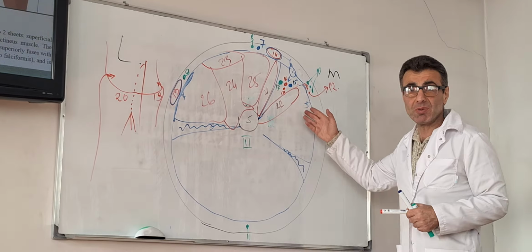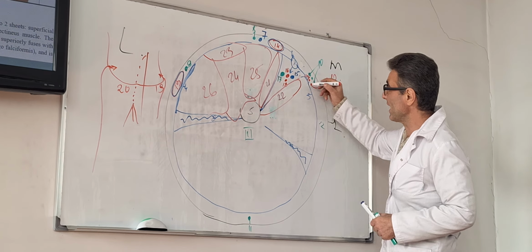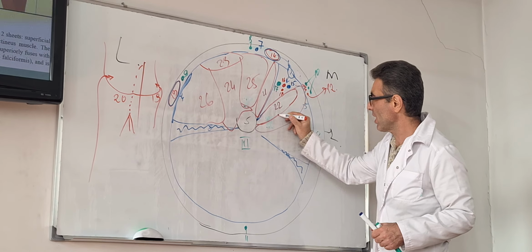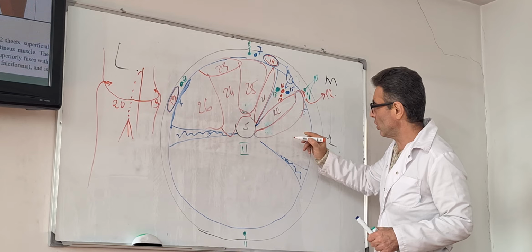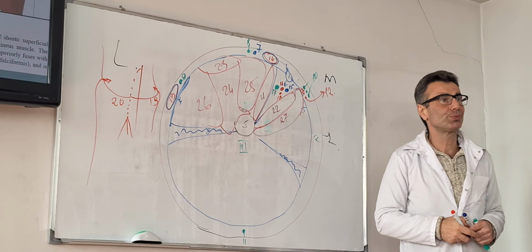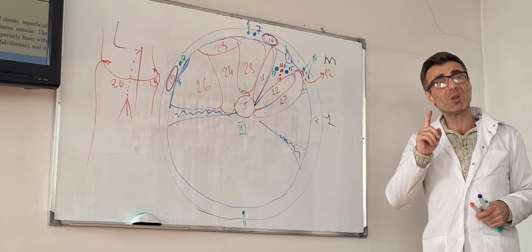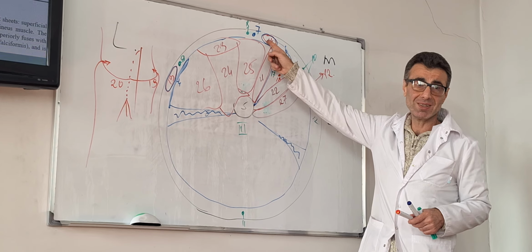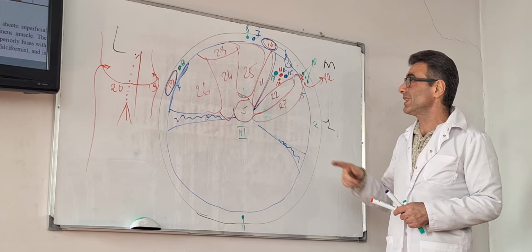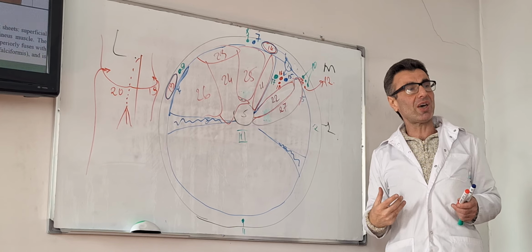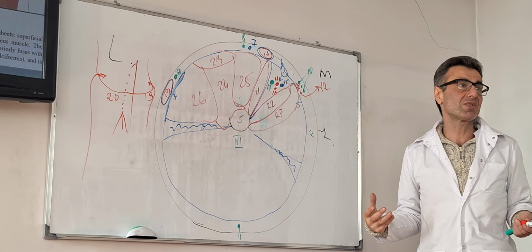Now let's come to the medial compartment. Why did I leave this space? Because here will be the next muscle, number 27, the long adductor muscle. If you pay attention to these 2 muscles, 27 and 40, you will see that they border your femoral triangle from 2 sides.